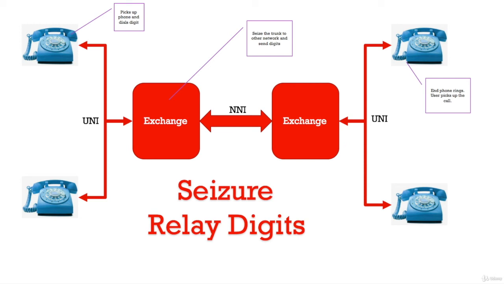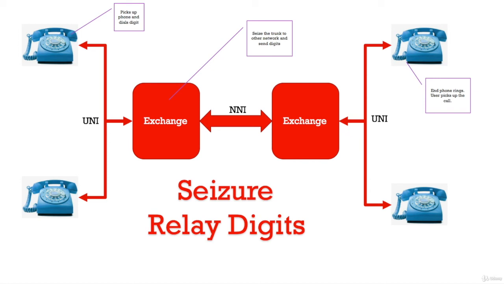As you can see in this diagram, you have a set of user equipments attached to the exchange, and they are supposed to connect to each other via their exchanges.